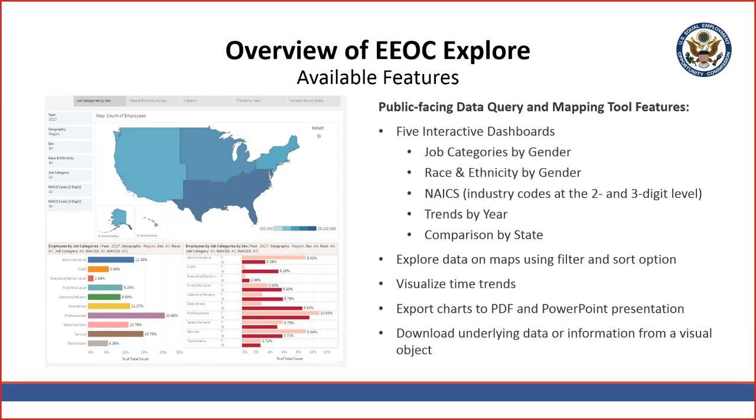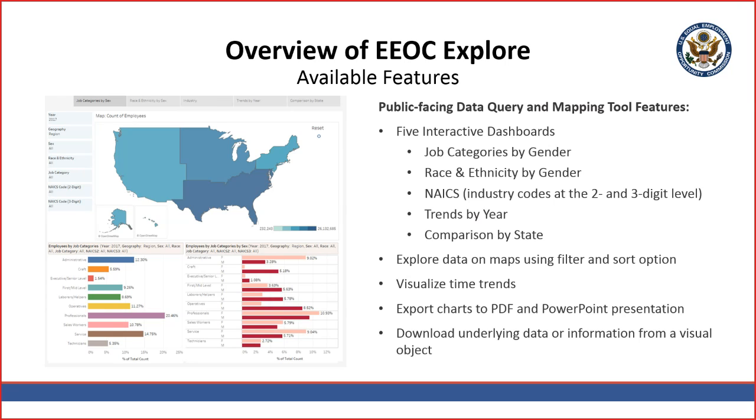There are currently 5 dashboards for EEOC Explore: job categories by sex, race, ethnicity by sex, industry, state trends by year, and state comparison. The following filters are available in the current version.